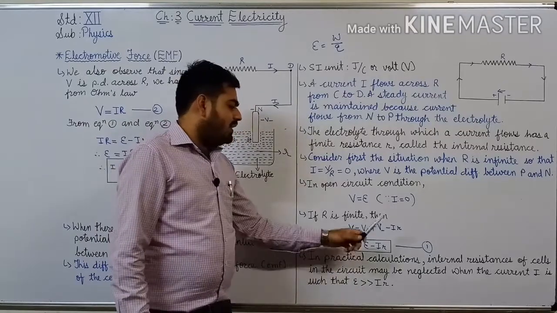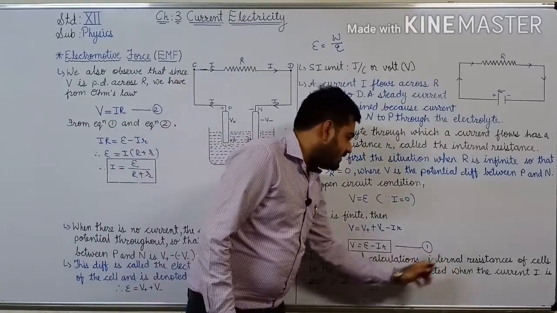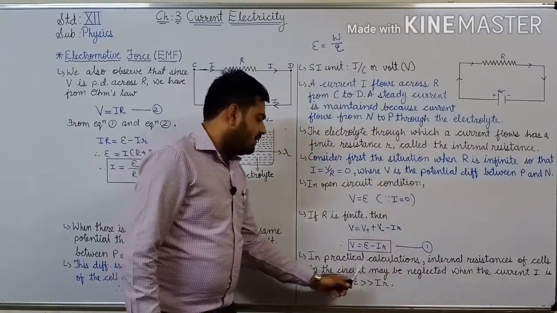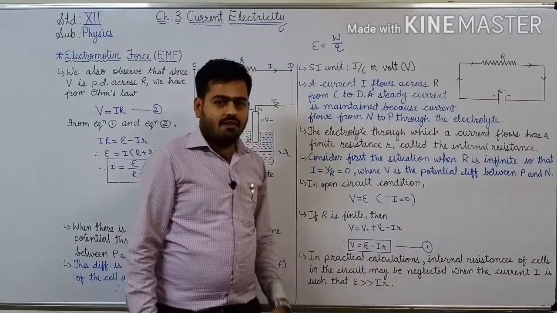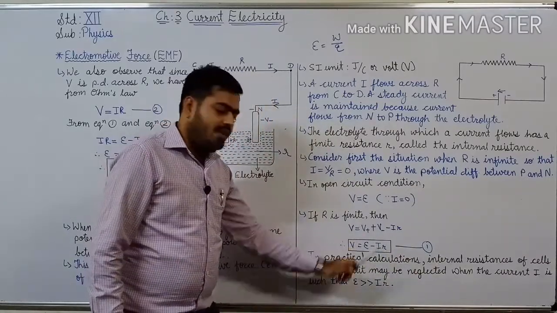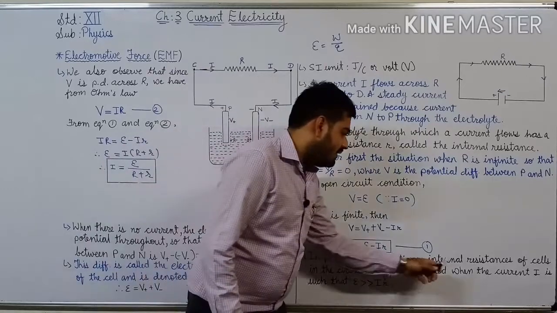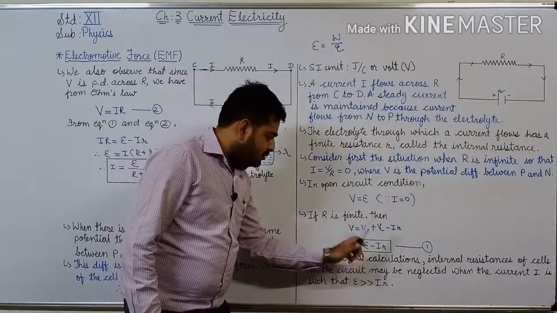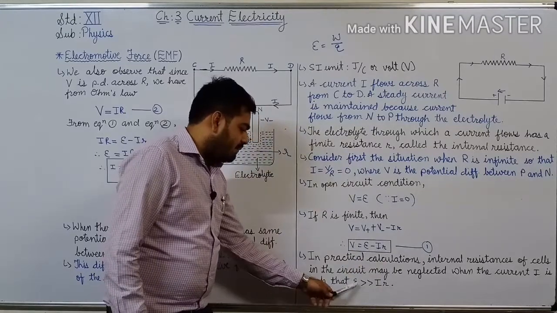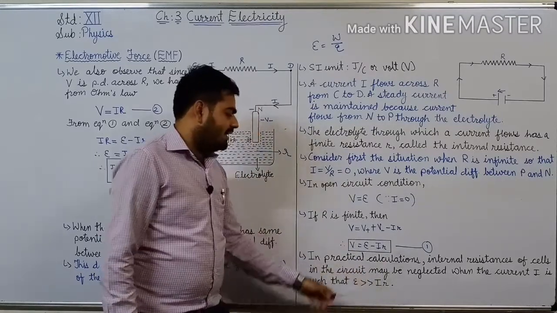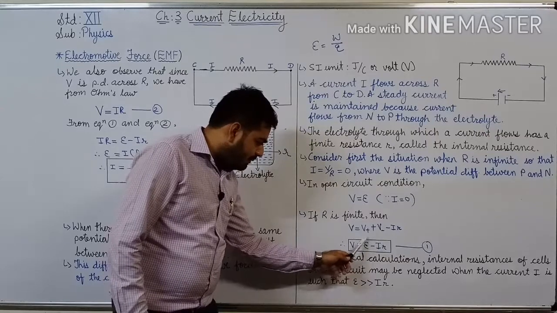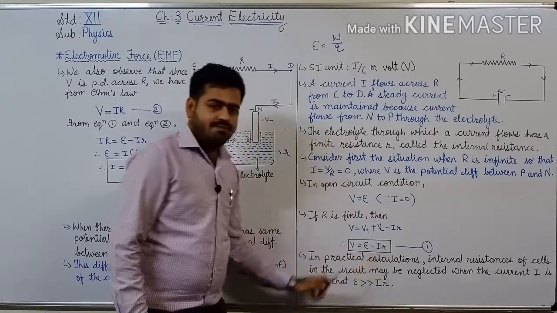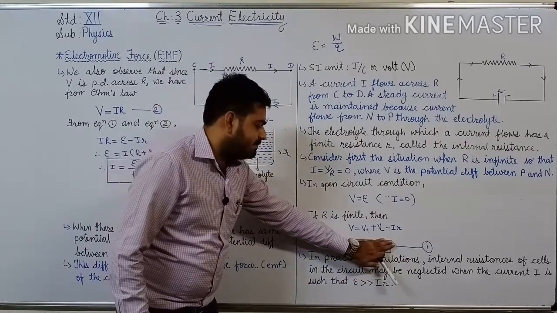In practical calculations, internal resistance of cells in the circuit may be neglected. Internal resistance of the cell may be neglected when the current I is such that the product of these two is such that EMF is much greater than IR. If the value of EMF is much greater than IR, then we can neglect this term.